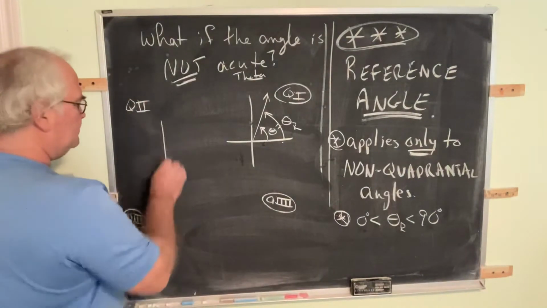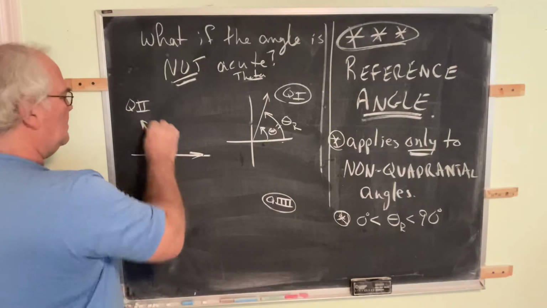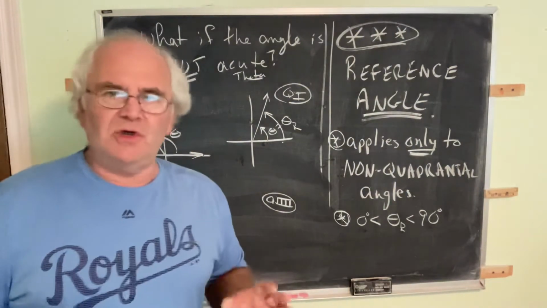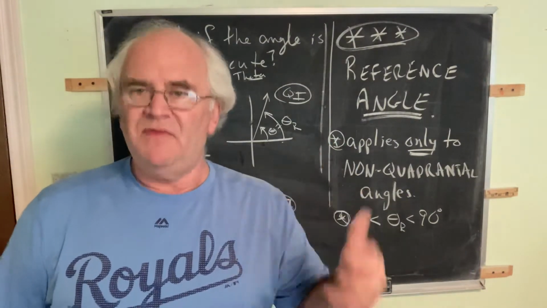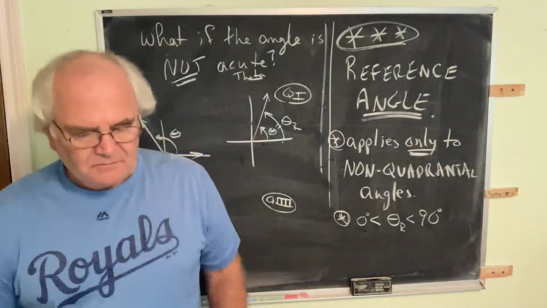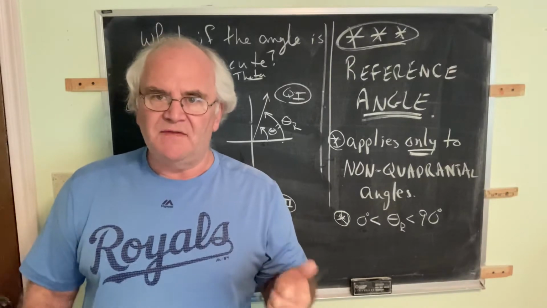Quadrant 2. There's theta. Now, this is a description that you do not need to write down. But this is a description of the reference angle. Number 1. The reference angle always has vertex at the origin.